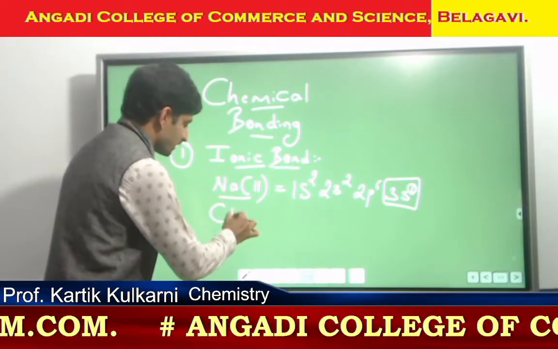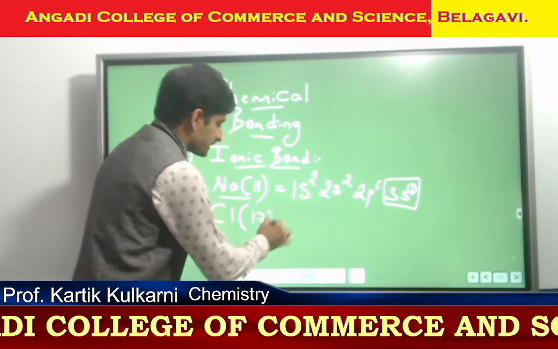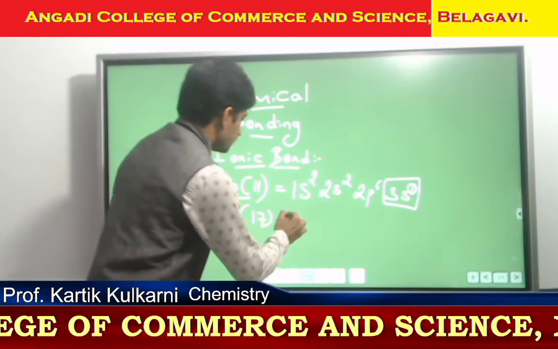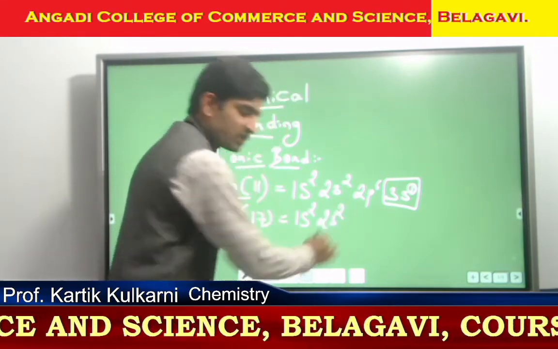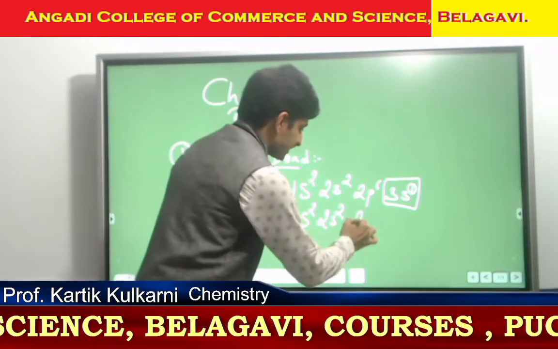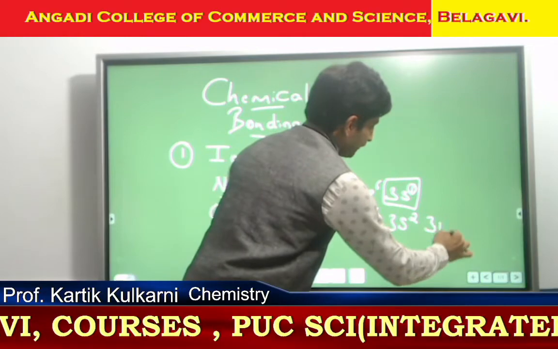Then I am going to consider chlorine, which is a non-metal. Its atomic number is 17. Its electronic configuration is 1s2, 2s2, 2p6, 3s2, 3p5.